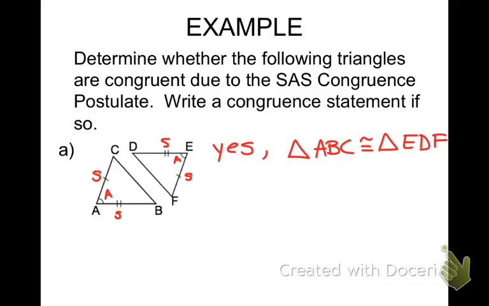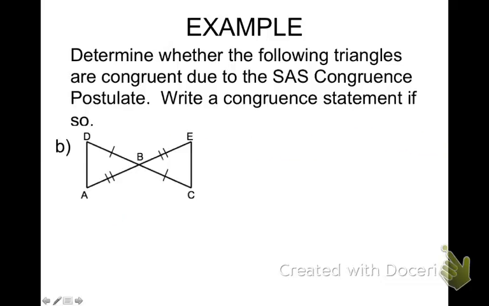Okay. Next one, B. I have a set of side here, matching up with the side on the other side. Yeah, so good question. So I've got two sets of sides. It's not a case of side, side, side, because I don't have a third one. But do we have a congruent angle? Yes.